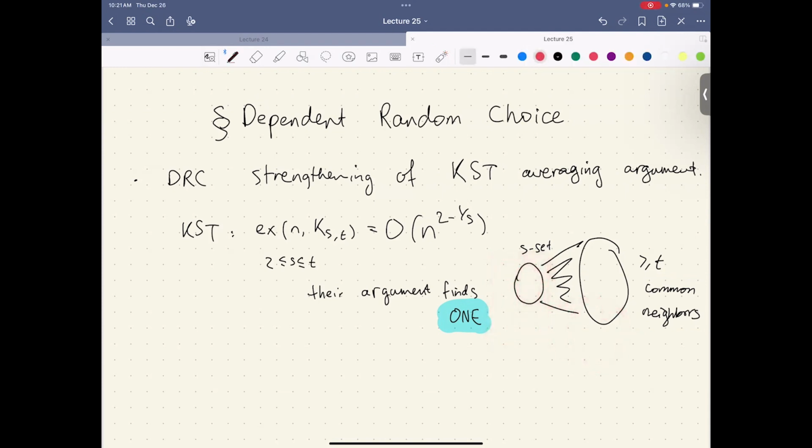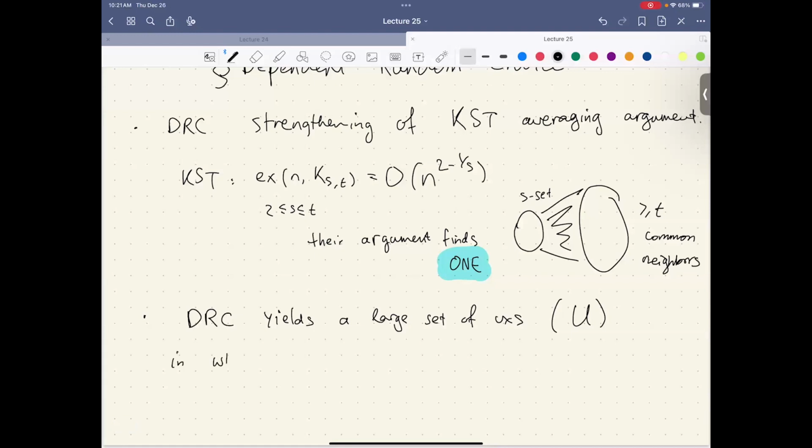Okay. So under some density condition, dependent random choice yields a large set of vertices, which is the set U below in the lemma that I'm going to state, in which every small set has many common neighbors.